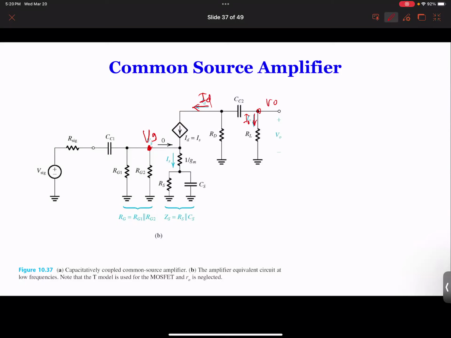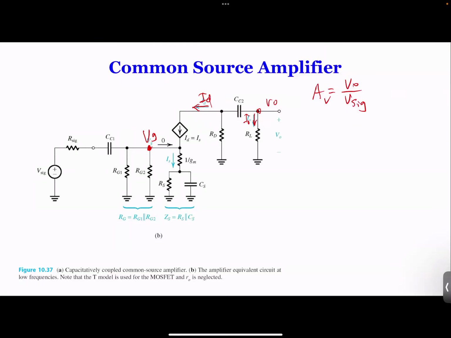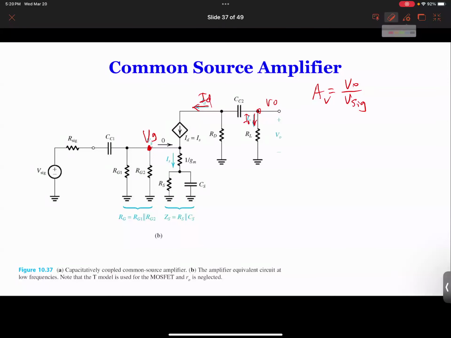So our gain will be A equal to VO over VSIG, which means we need to get VO as a function of VSIG. In this case, we're going to rewrite this equation. We put VO over VG, and then we put VG, because I'm just trying to mathematically manipulate this equation.